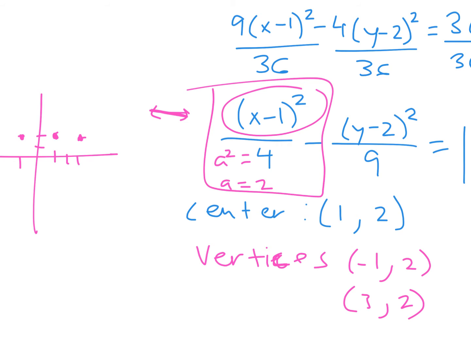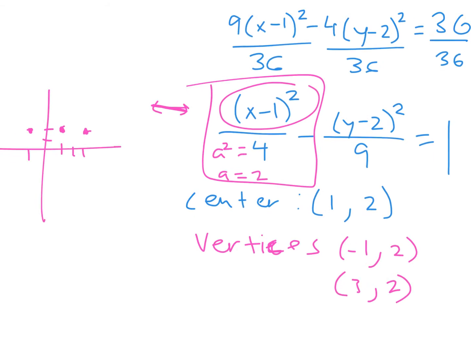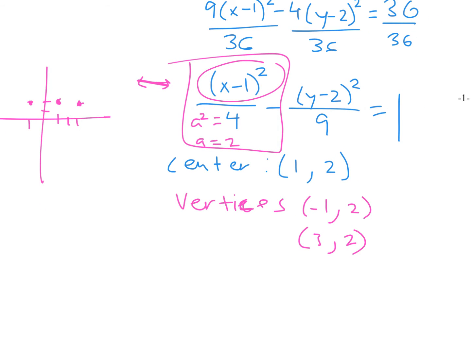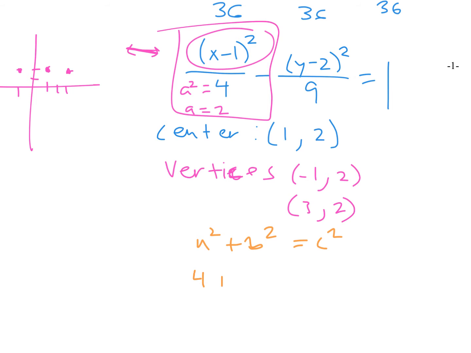How do I find my foci? What do I need? I need c. So I'm going to do a squared plus b squared equals c squared. So my a squared is 4 plus b squared, which is 9, and that's equal to c squared. So c is equal to what? Square root 13. So c is the distance from my center to my foci.